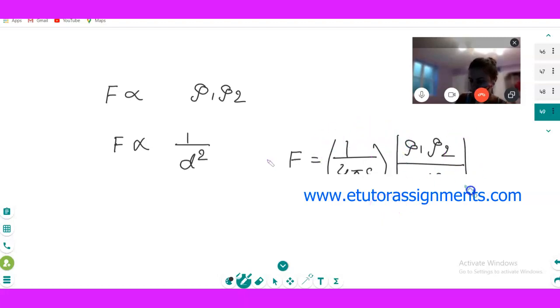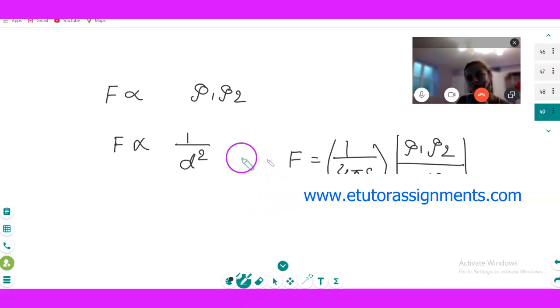We will take the mod. Why? Because charges can be positive or negative. But like charges, meaning both positive or both negative, what will they do?